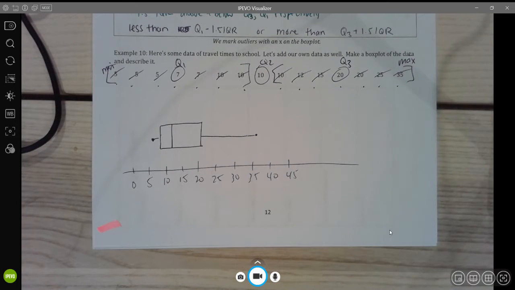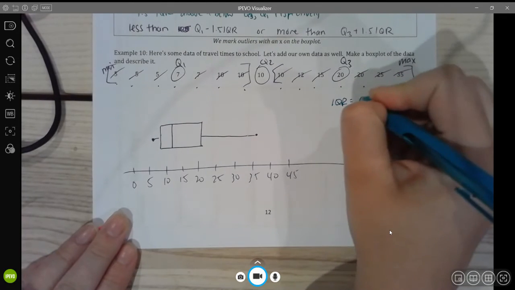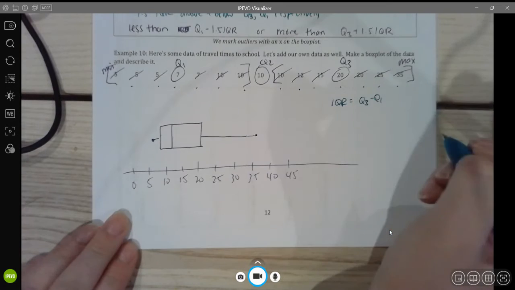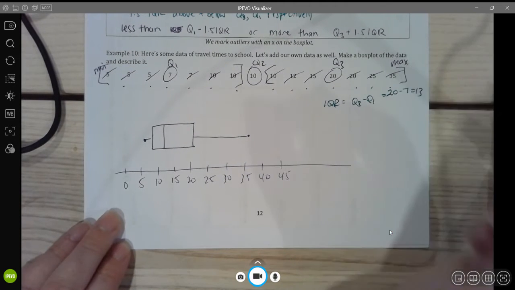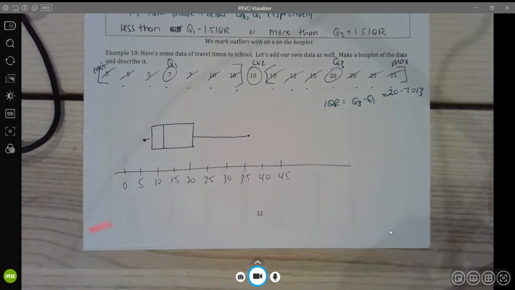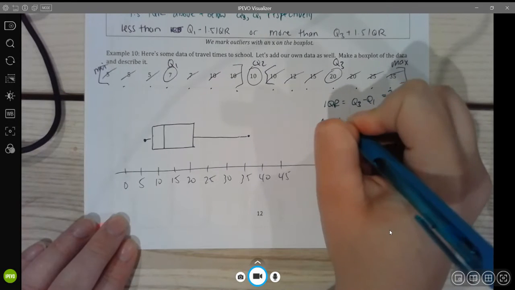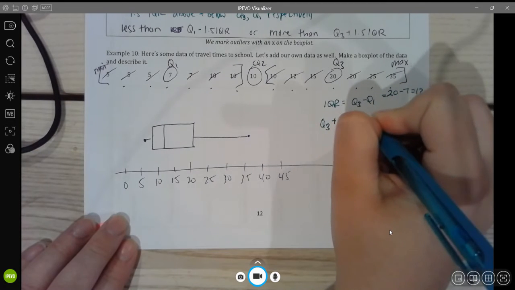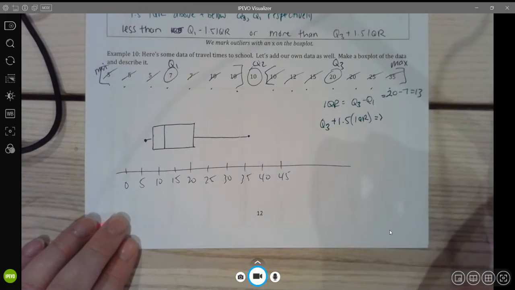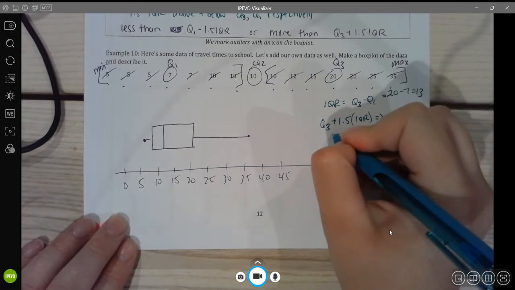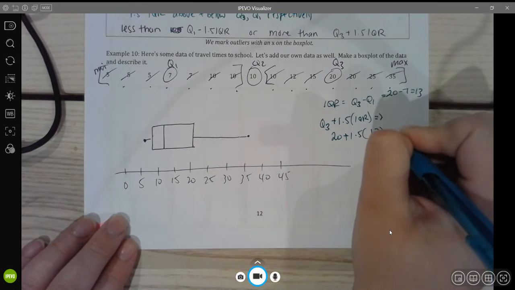So the first thing we'll need to do is find the IQR, which is equal to Q3 minus Q1. So that's 20 minus 7, which is 13. Okay. The next thing we're going to do is take Q3 plus 1.5 times the IQR. So if we plug our numbers in, we've got Q3 is 20 plus 1.5 times 13.